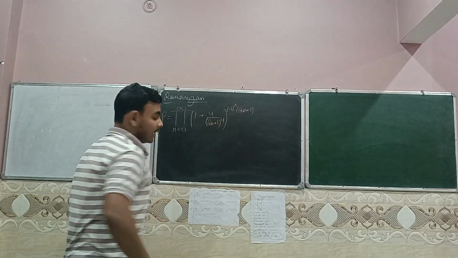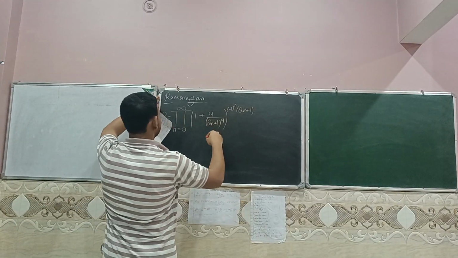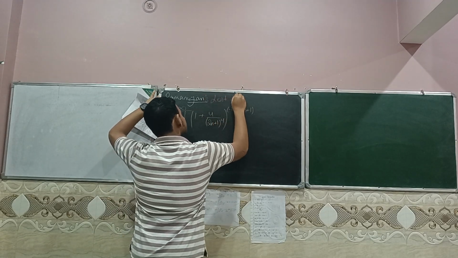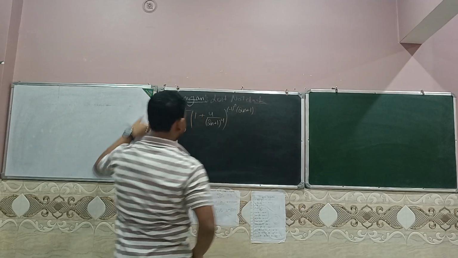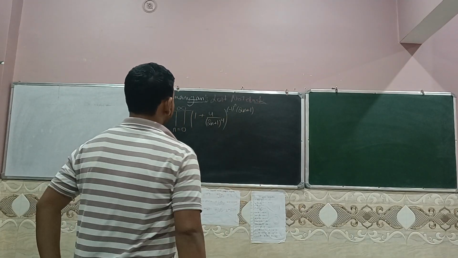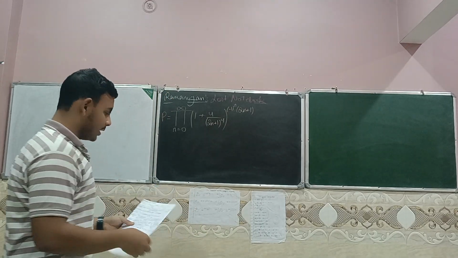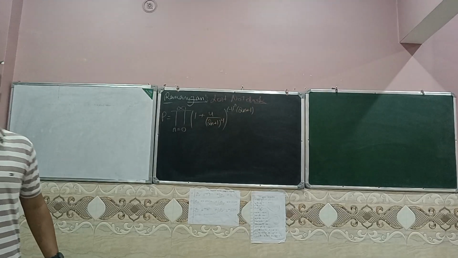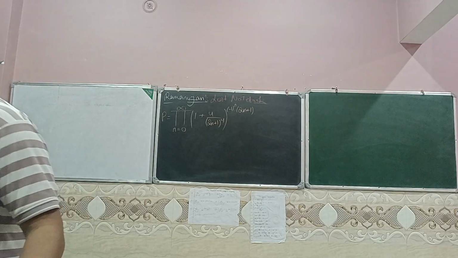Okay, so let me first write where Michael Penn got this: Ramanujan's lost notebook, right? So he got this product from Ramanujan's lost notebook, and now we are going to evaluate this. But before everything else, I would like to write a few tools that we are going to use in this video.